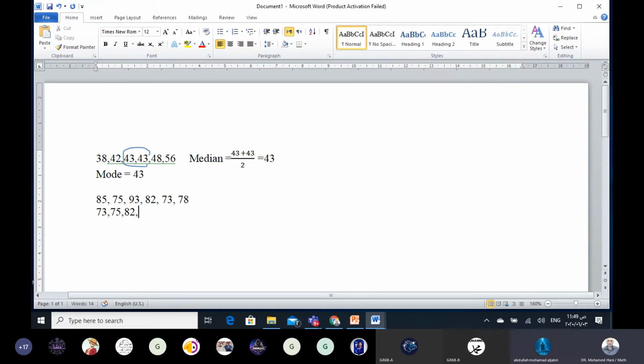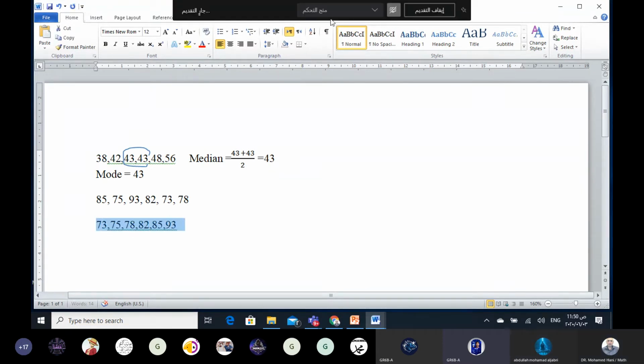I have the answer. Yes, tell me. No mode and the median is... Wait, what's your name? Abdullah Jabri: the median is... I found it. The median is 80 and no mode. Okay, thank you. Great. The median is 78 and no mode.